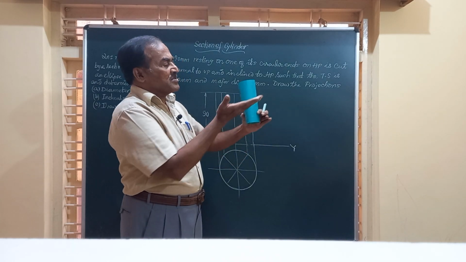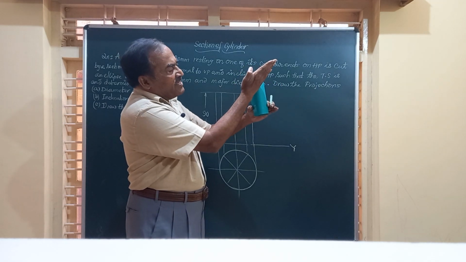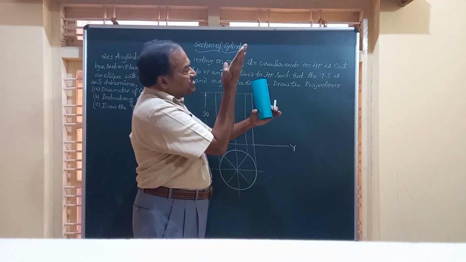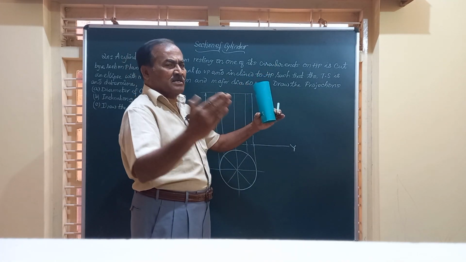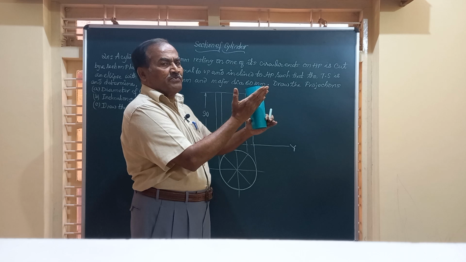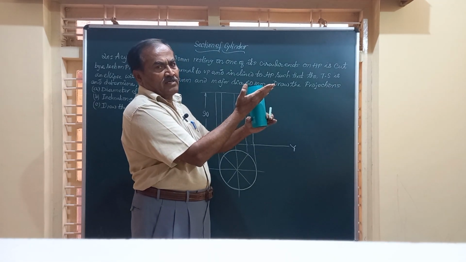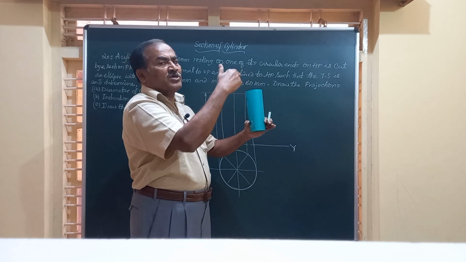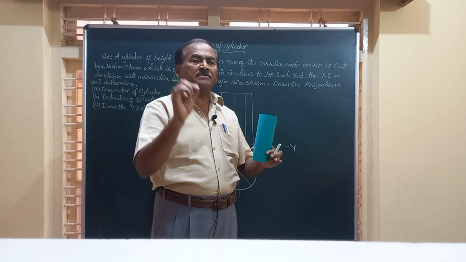Now friends, instead of this horizontal section plane, if it is cut by a section plane which is perpendicular to VP and slightly making some angle theta with HP, then the true shape you get is going to be an ellipse.